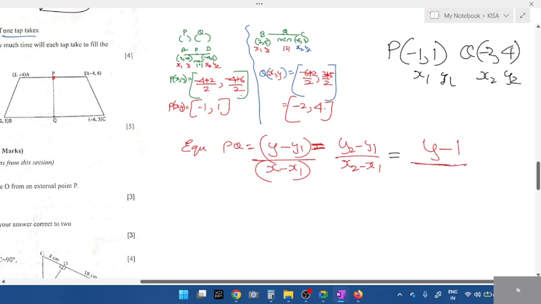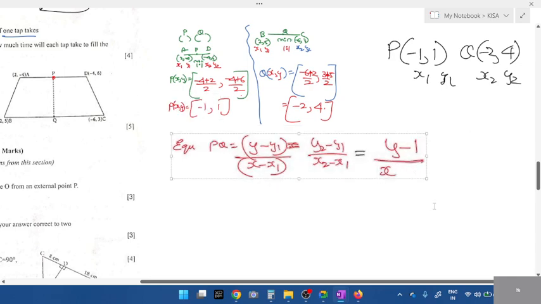How come without solving this, how did you do the next one? First complete this. You find the equation. Do it step by step, student.